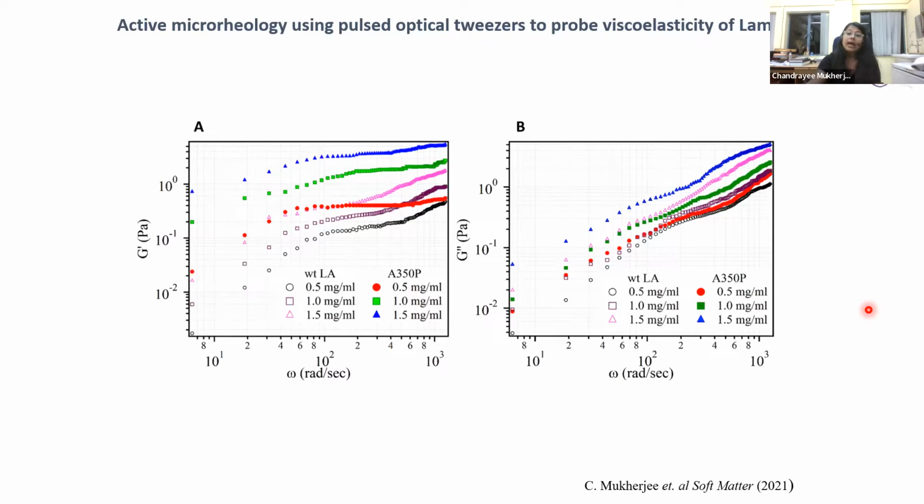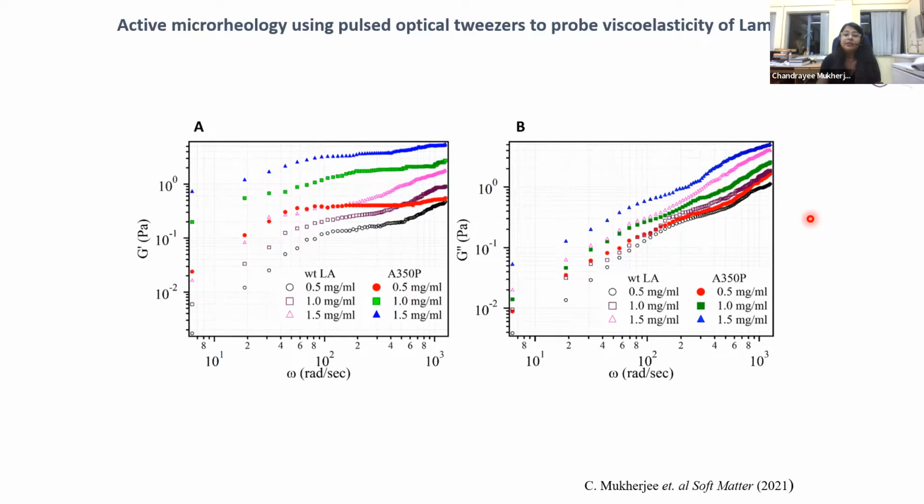But interestingly, for the mutant protein, we saw higher storage and loss modulus, particularly at higher concentrations. So what does it mean? It means that the mutant protein is probably forming a much more compact, denser network.